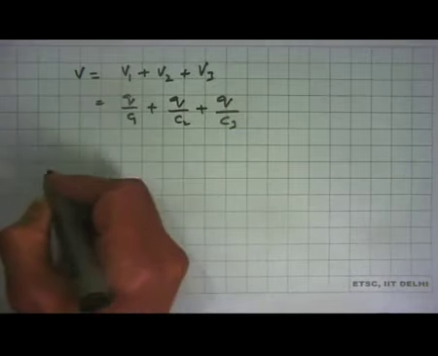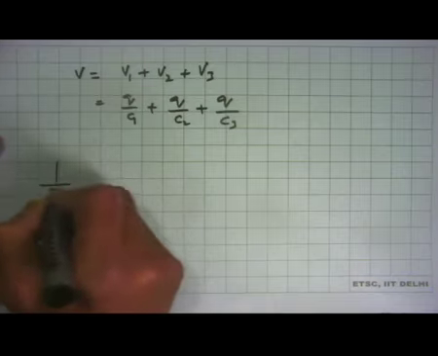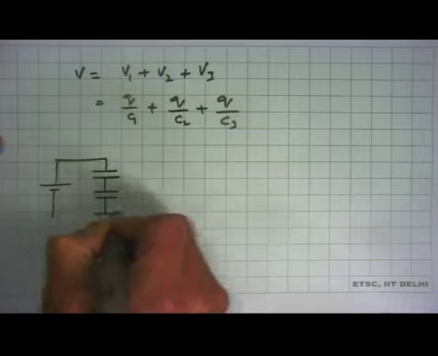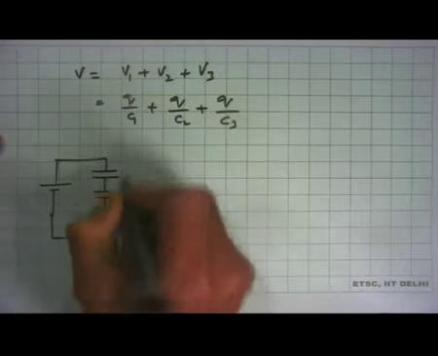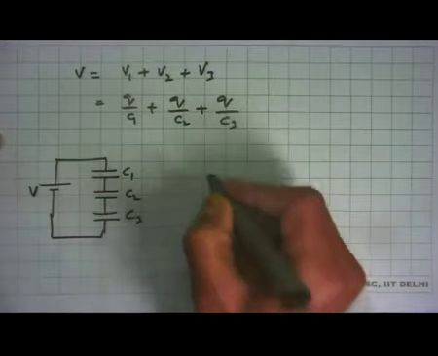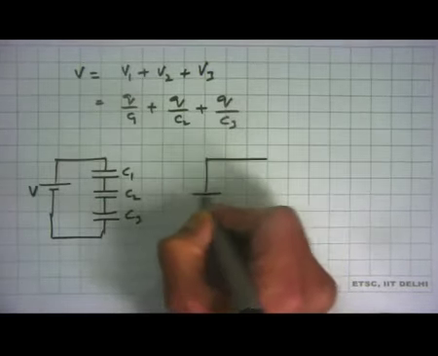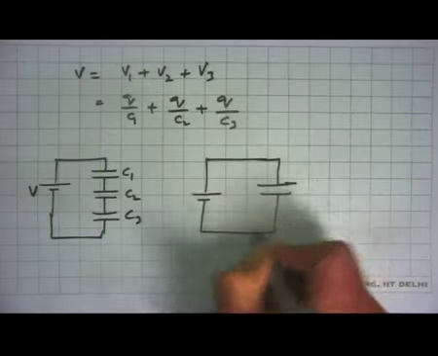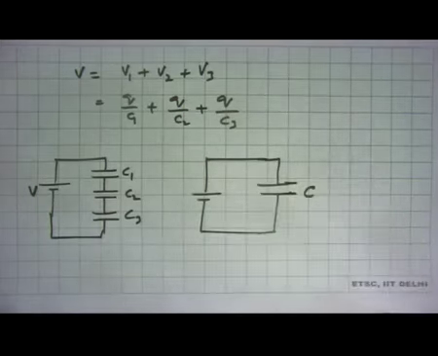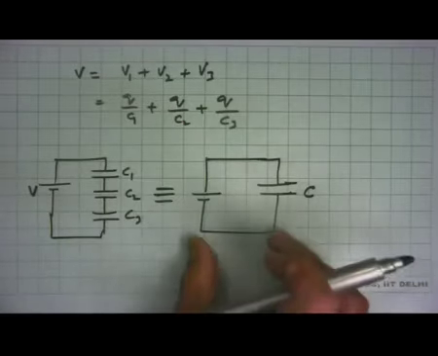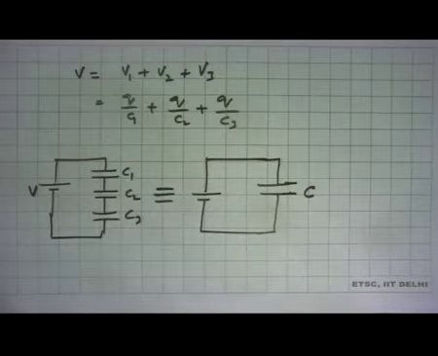So, what I am trying to do is to find out the equivalent capacitance. I have these 3 capacitors here, C1, C2, C3, with potential V. I am trying to find out what is that capacitor which is equivalent to this. If I call this capacitance C, what is the value of C for which this and this are exactly equivalent?